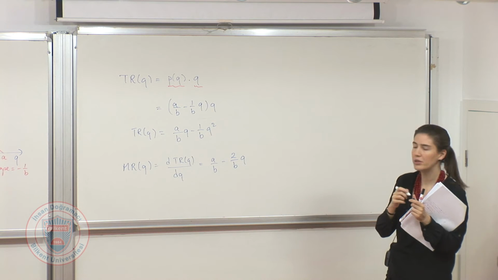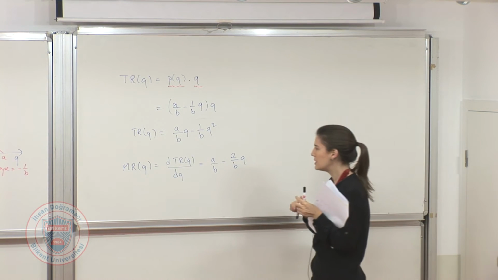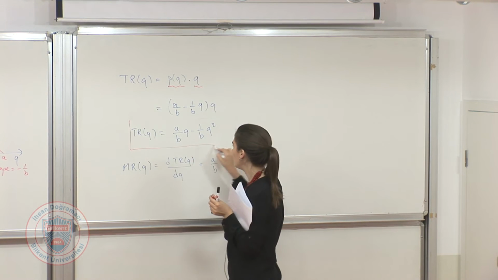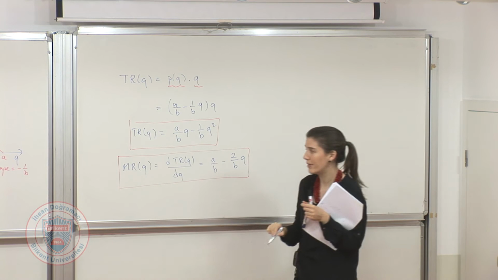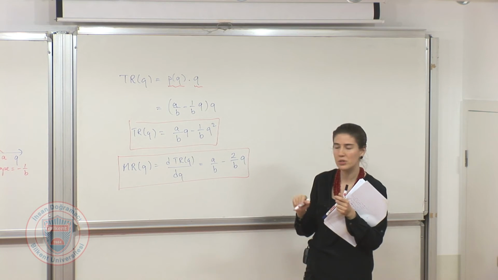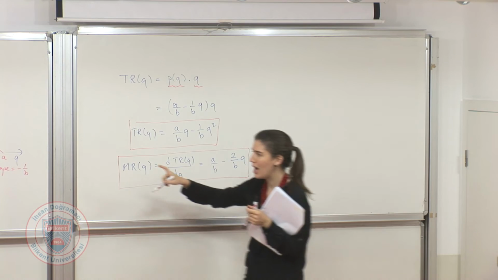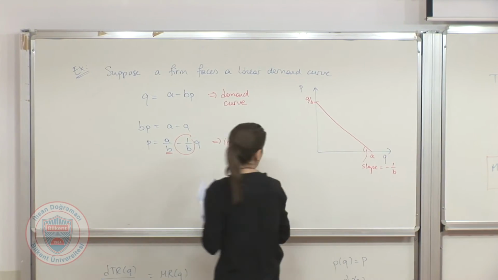So this is marginal revenue. This is the expression for total revenue, and this is the expression for marginal revenue. Do you see any relationship between marginal revenue and this inverse demand curve? What happened?